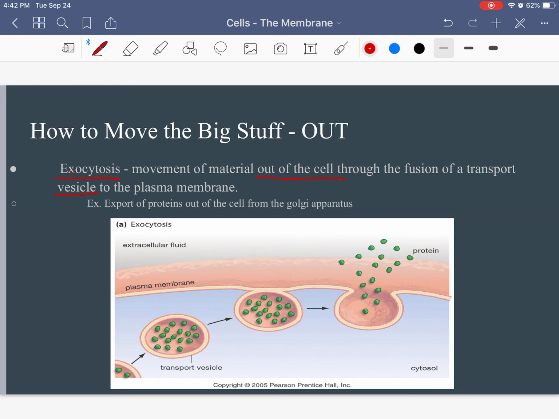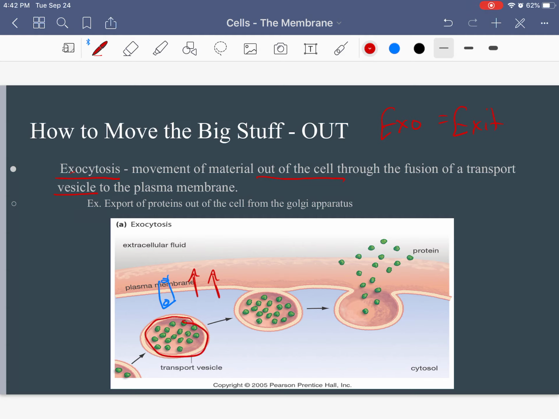These molecules are too big to directly cross, and they may even be too big to move through a protein channel, so we have to find a way to get them outside of the cell. This is called exocytosis. You just remember exo equals exit.